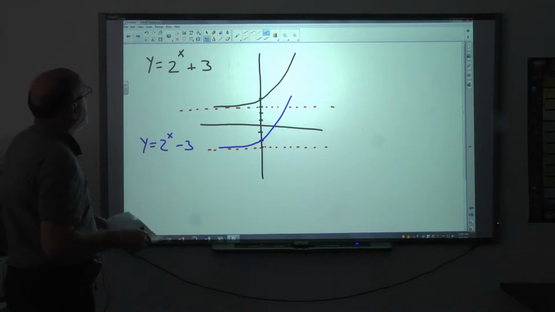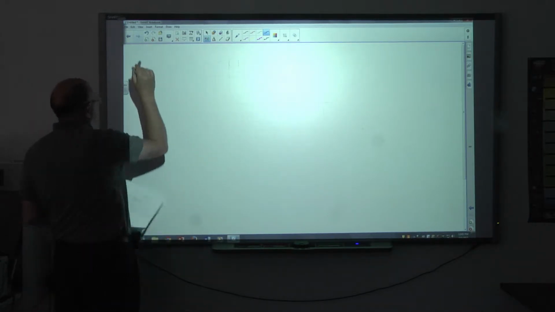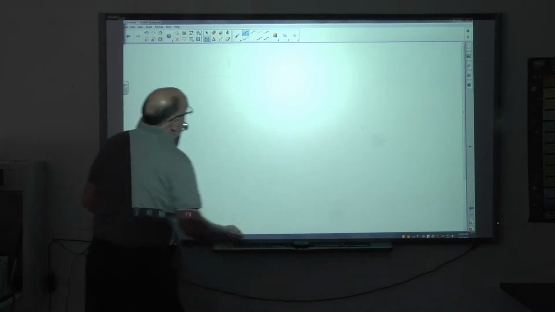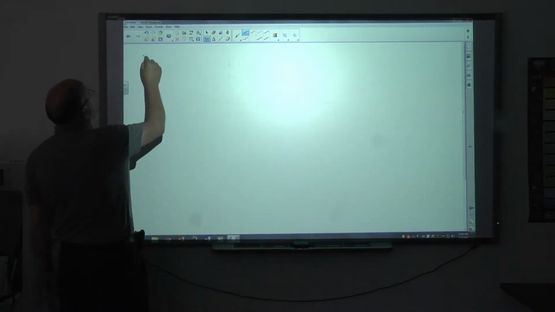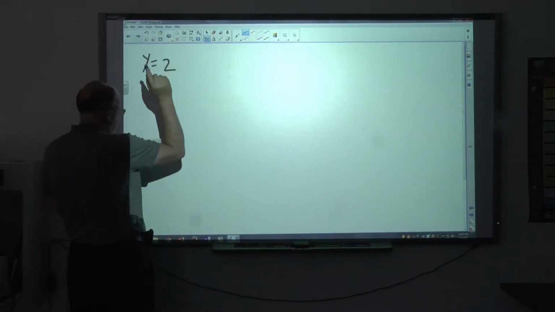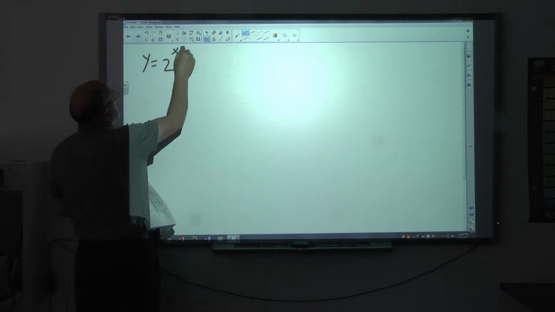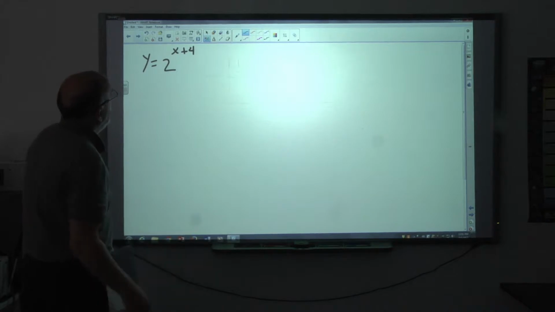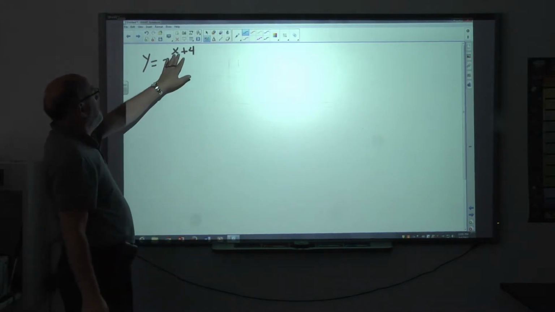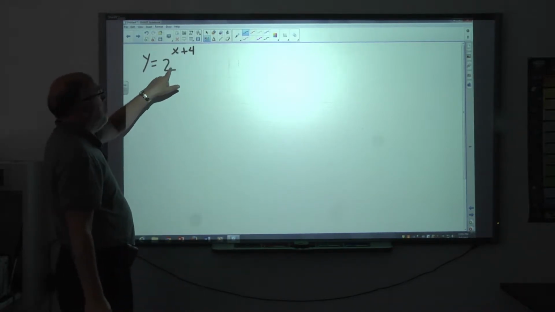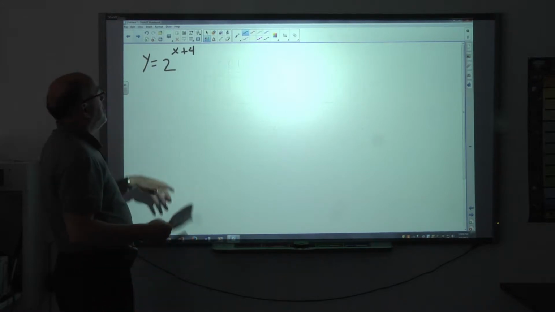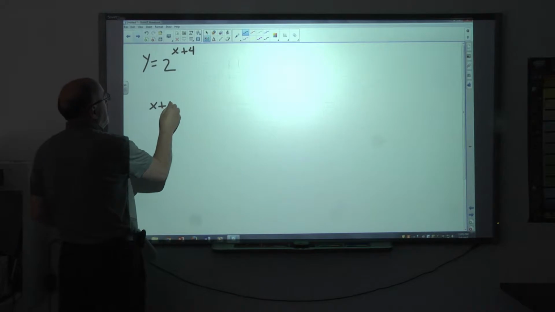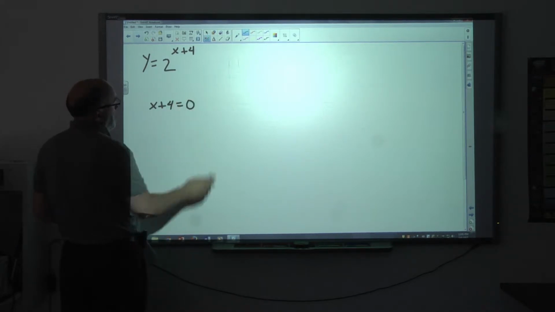Right? Other things we can do with our graph is in terms of left and right. If I have y equals 2 to the x plus 4, and I want to know what that does to my graph, we know that when the exponent is 0, my value is going to be 1. So we have to ask ourselves, when will x plus 4 equal 0?